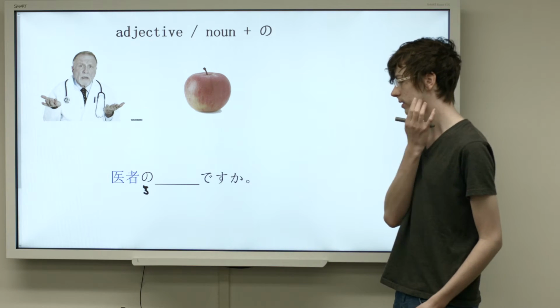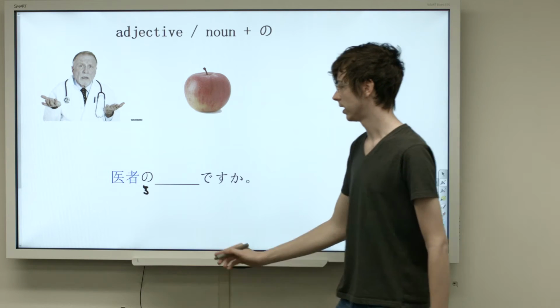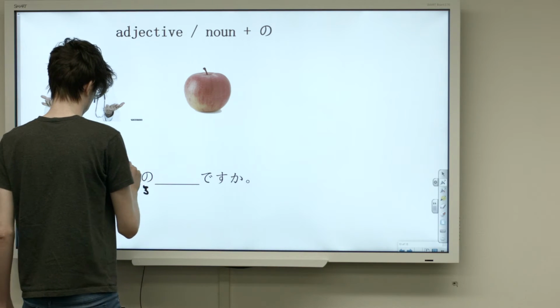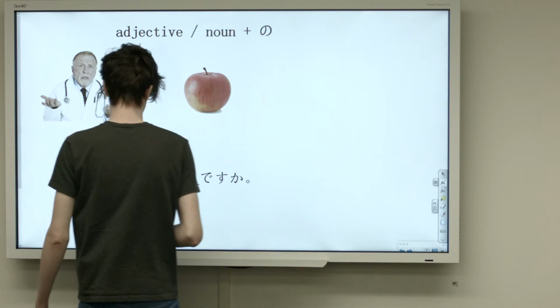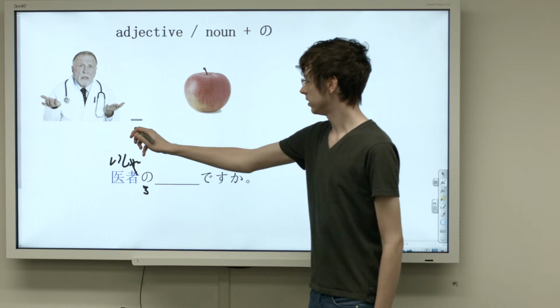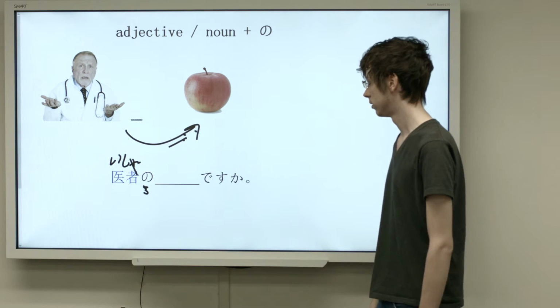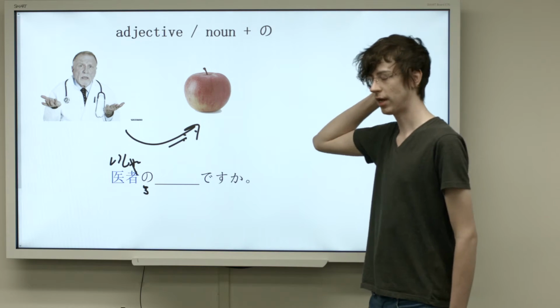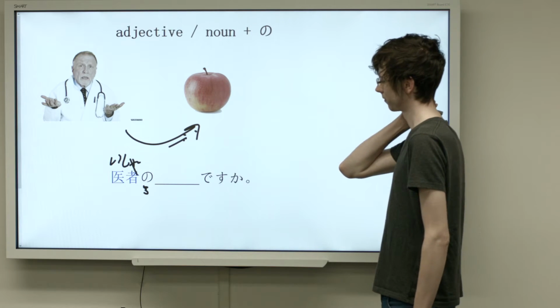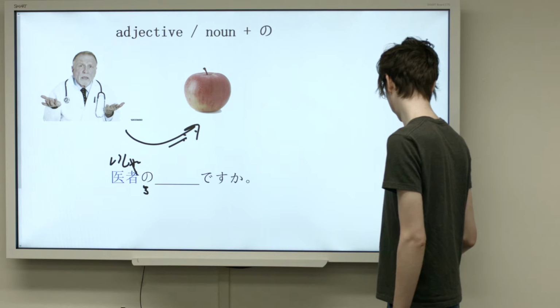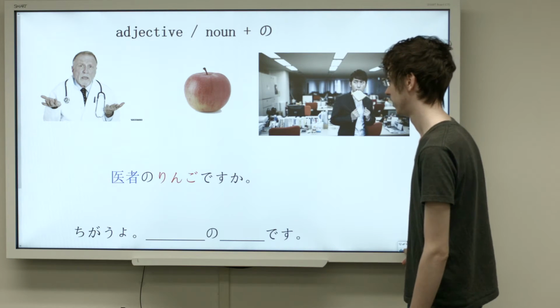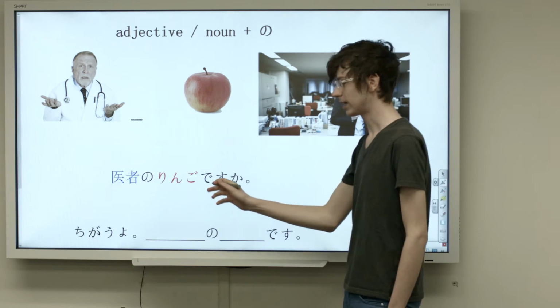So somebody's. So isha, right? Isha no. And apple in Japanese is ringo. Isha no ringo desu ka?